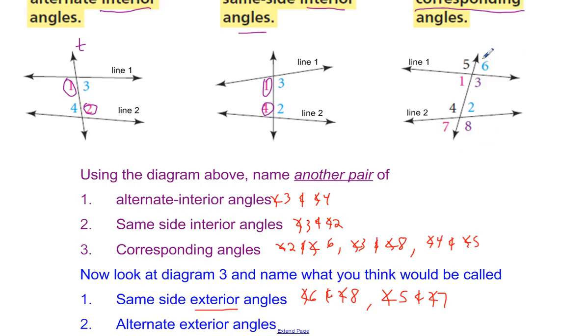Here are alternate sides, exterior, which means out here and out here. So 6 and 7. There's a pair of alternate exterior angles, angle 6 and angle 7. What is another pair of alternate exterior angles? Well, how about angles 5 and 8? There's another pair.